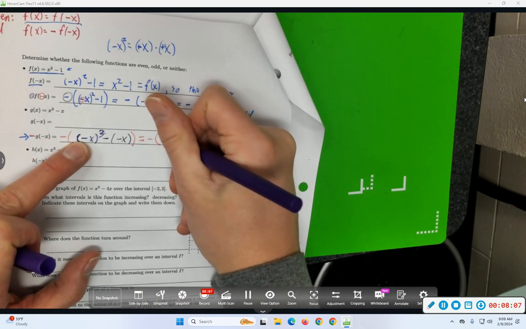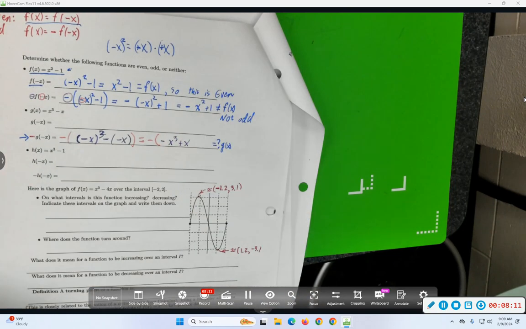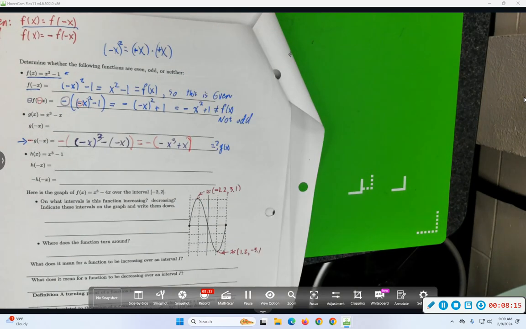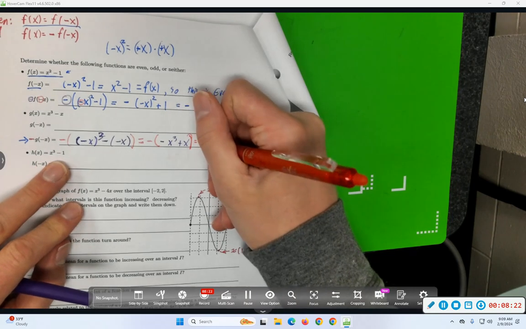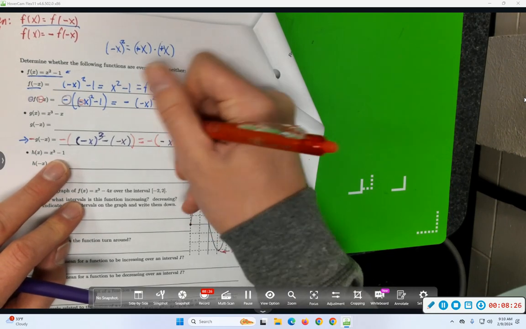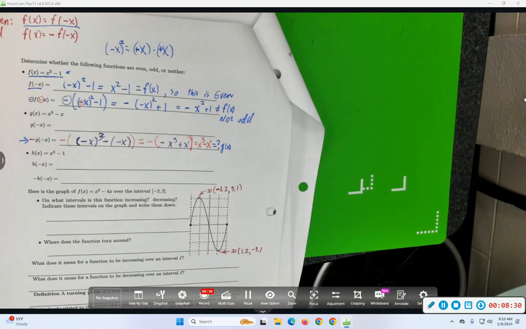So it just becomes negative x cubed plus x. Cool. What next? Distribute the negative. Awesome. So that'll become x cubed, because those two will cancel. Negative distributes to this, becomes negative x. Is that exactly the same formula as we started with for g of x?